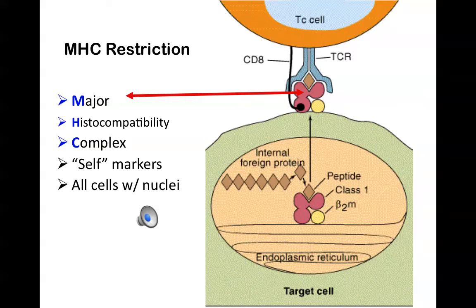So these self-markers are vitally important to distinguish self from non-self, and they're found on the surface, embedded in the cytoplasmic membrane of all cells in our body that have nuclei.